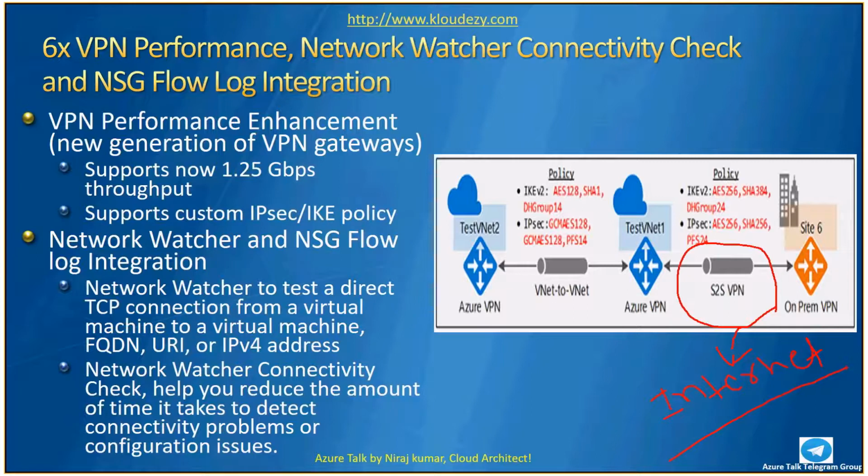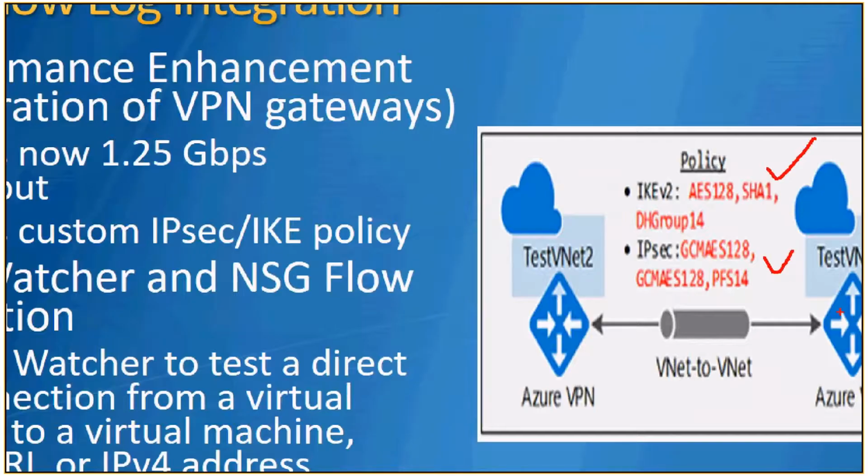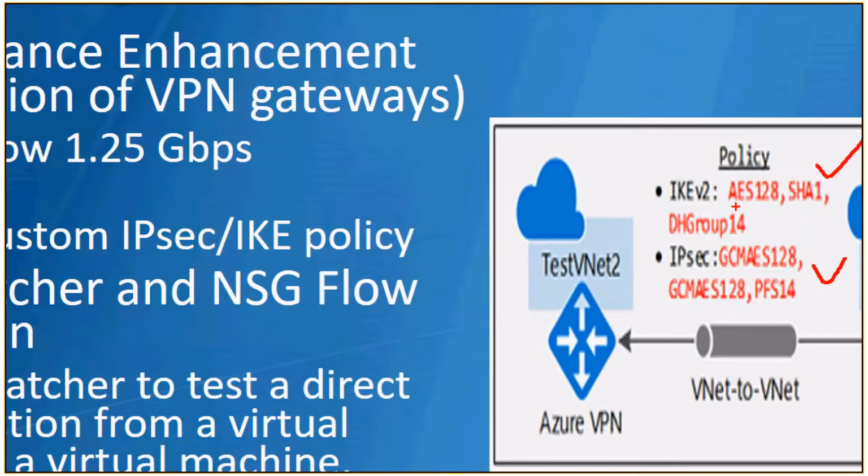We have a lot of scenarios where we need a custom IPsec, because the vendors, the clients, or the third-party firewall providers sometimes will not work with the default AES 256, which was the one supported by Azure. Now it has moved far.